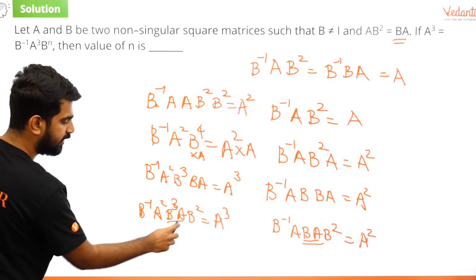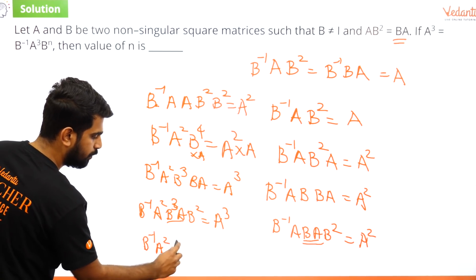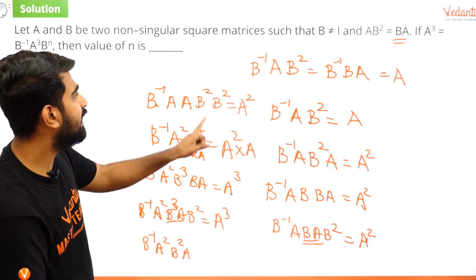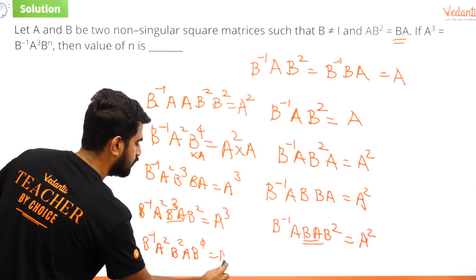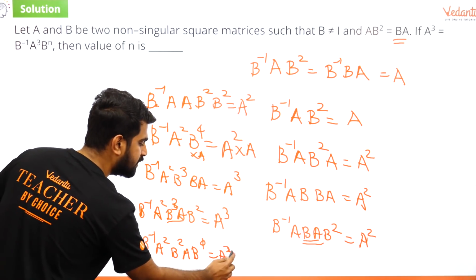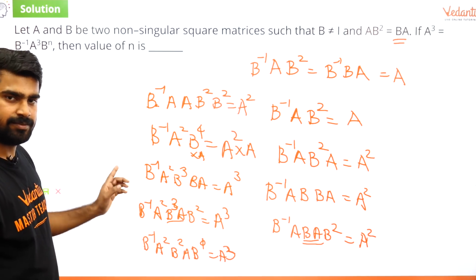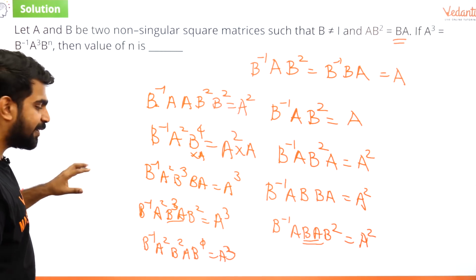And again this will reduce to B inverse A square B square. BA will be AB square, right? B square AB power 4. And the next, I am writing it a bit fast, guys. So I hope you guys can cope up with that. I am skipping a few steps because then I end up writing a lot of things. So I hope that's okay with you.